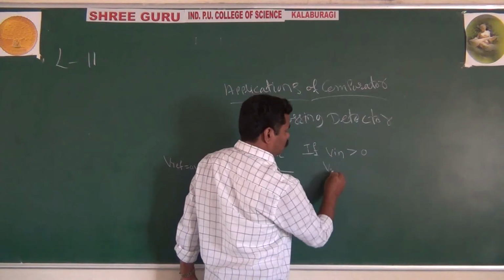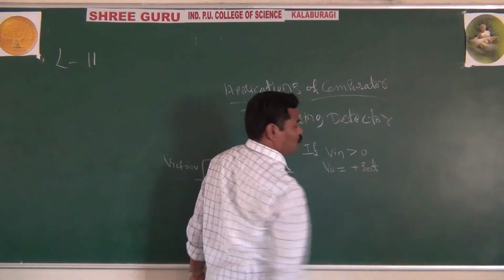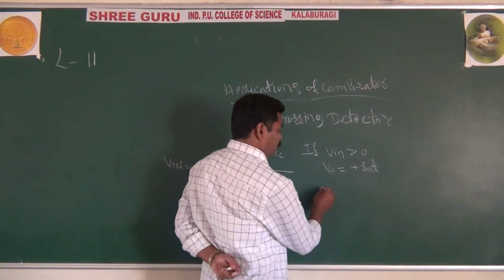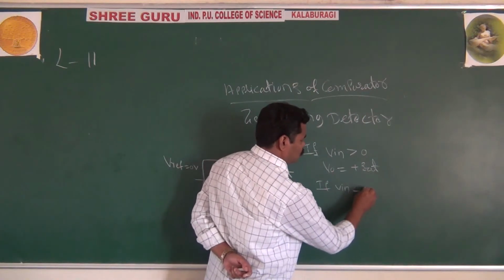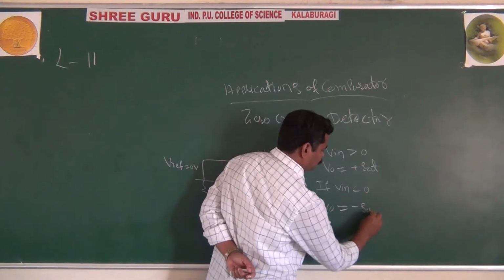We get the positive saturation at the output. And if Vin is less than 0, we get V naught equal to negative saturation.